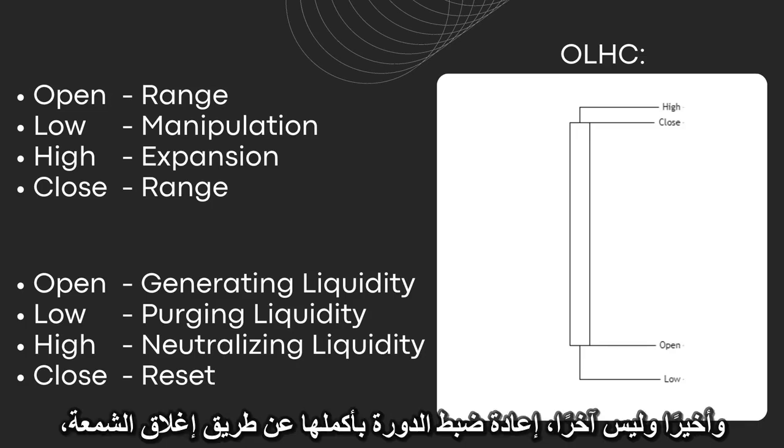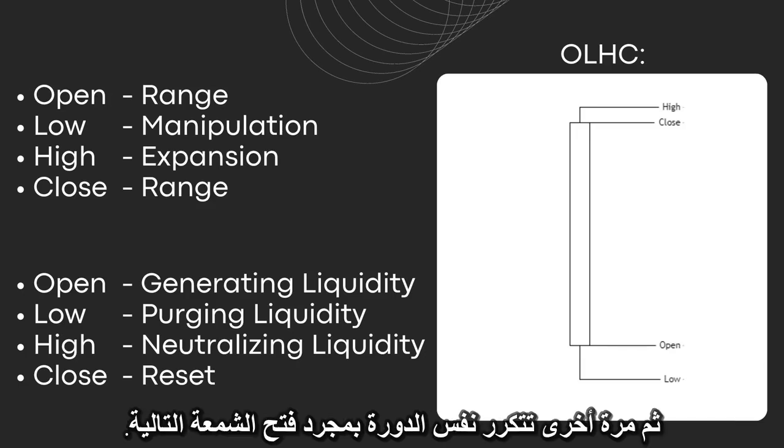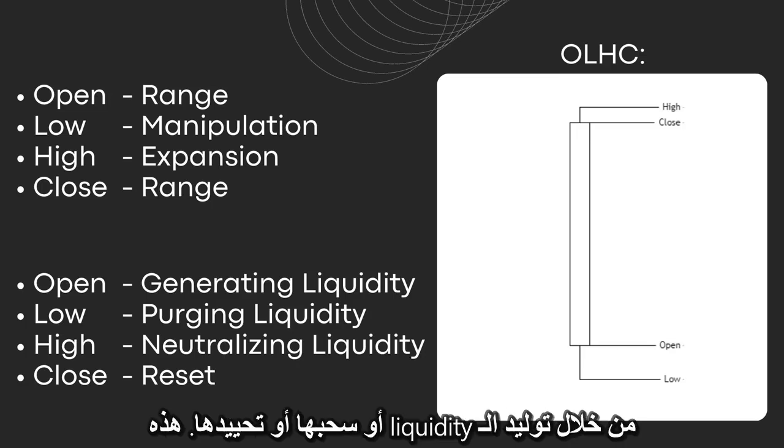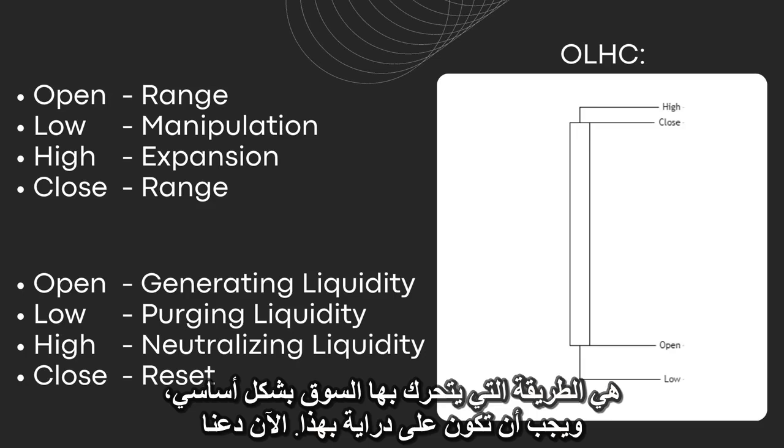And then last but not least, resetting the whole cycle by closing the candle, and then the same cycle repeats as soon as the next candle opens, right? That's basically how each candle is formed, and each candle works through liquidity being generated, purged, and neutralized, right? This is basically how the market moves, and you should be aware of this.